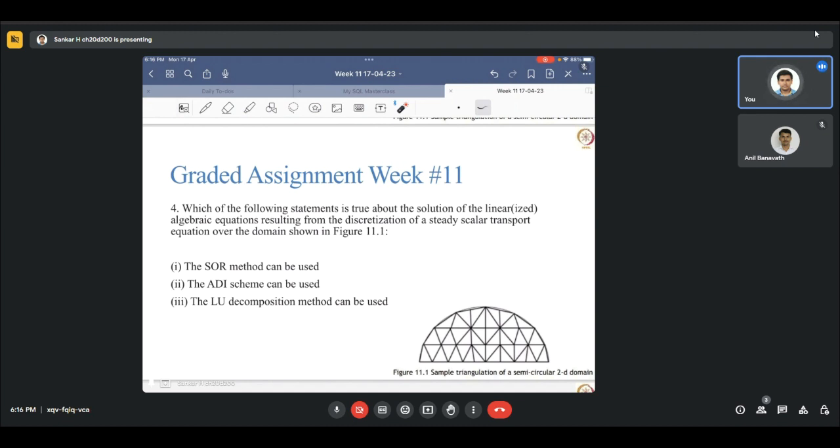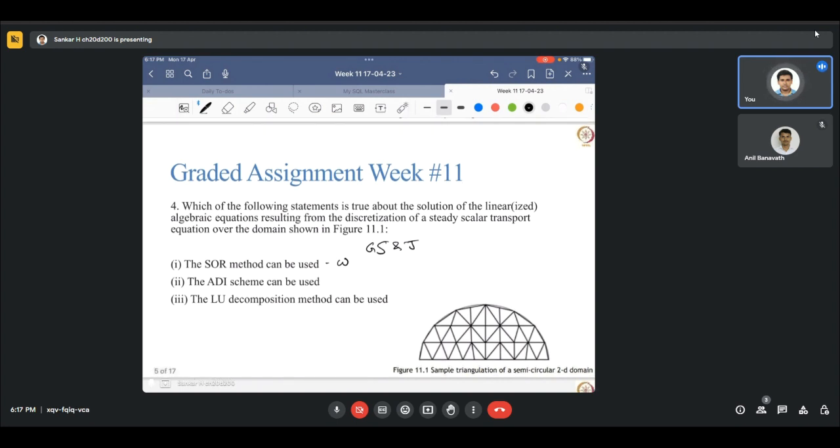Okay, the correct answer for this question is, let me explain the answers, each of them. The successive over relaxation uses the parameter omega, which is used to optimally arrive at the answer using a mixture of the Gauss-Seidel and the Jacobi iteration. And with the help of this omega parameter, we can optimally estimate the answer as compared to overestimating or underestimating in the Gauss-Seidel and Jacobi iterations.